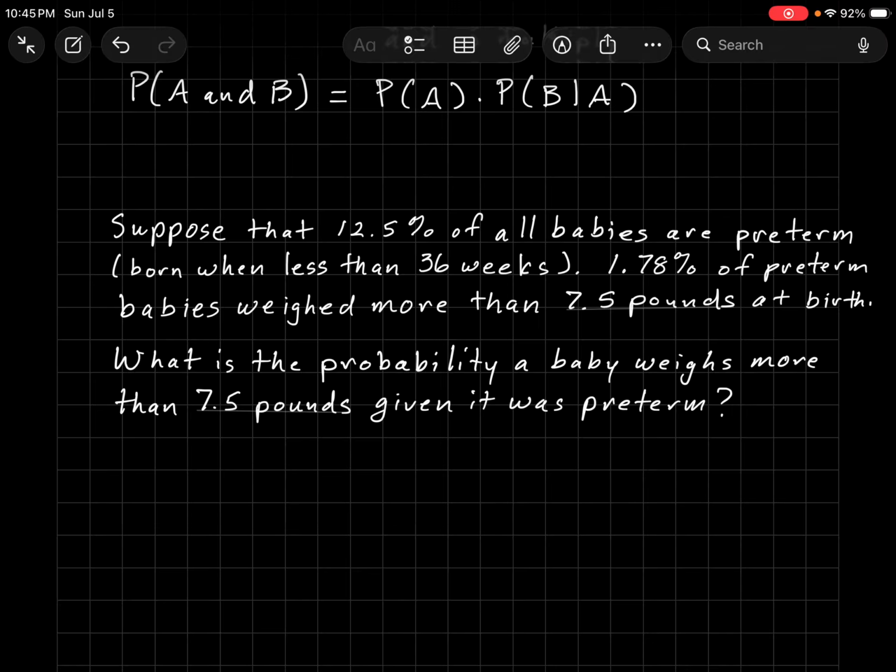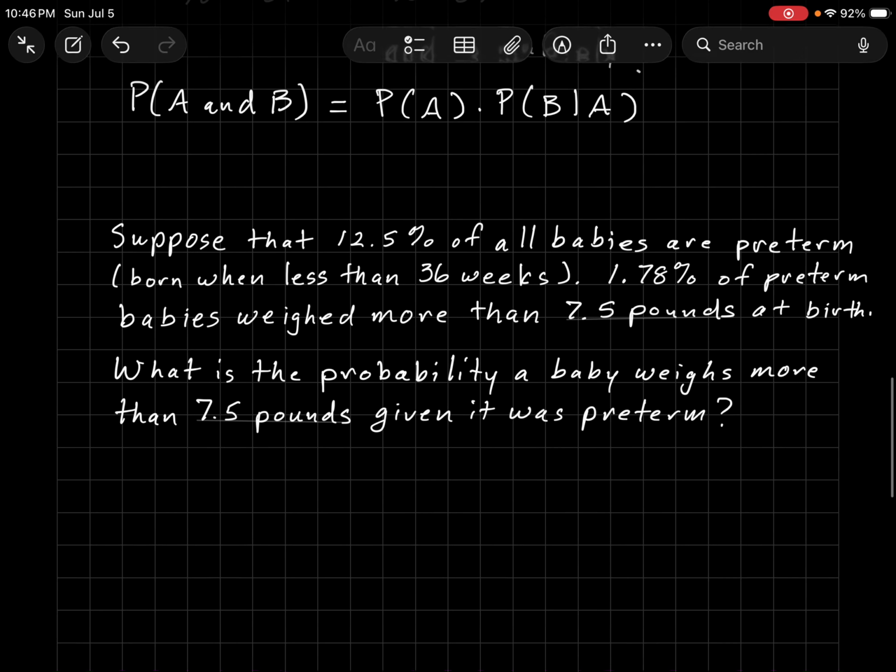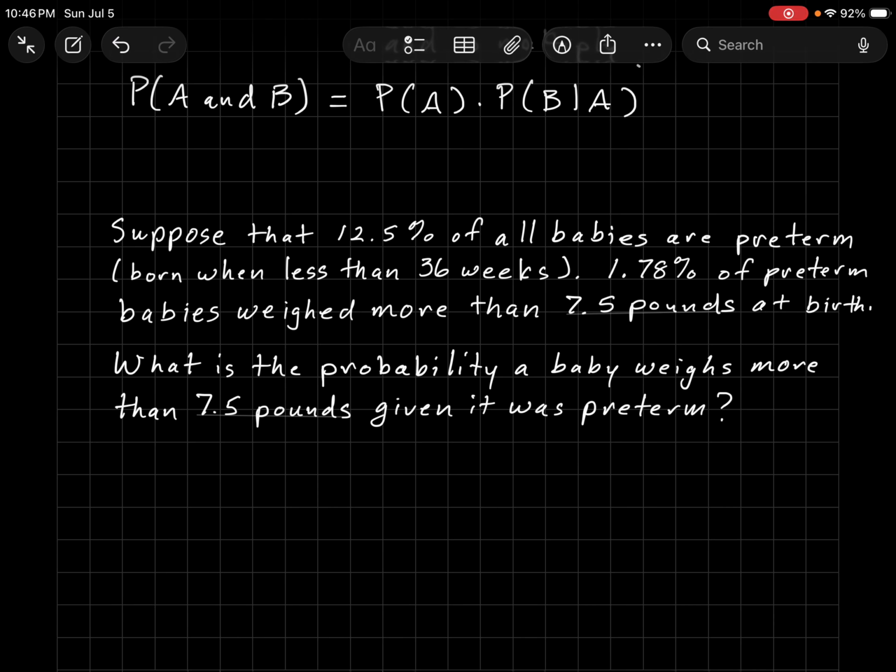Suppose that 12.5% of all babies are preterm. 1.78% of preterm babies weigh more than 7.5 pounds at birth. What is the probability a baby weighs more than 7.5 pounds given it was preterm? All right. So we have a bunch of words here that I'm going to try to fit up here into my formula.